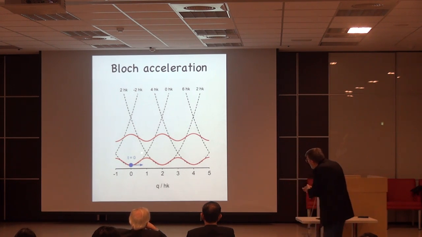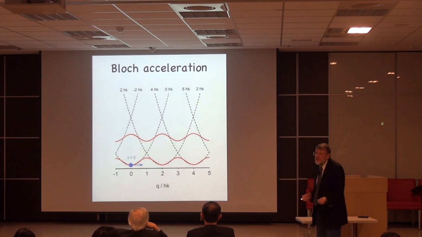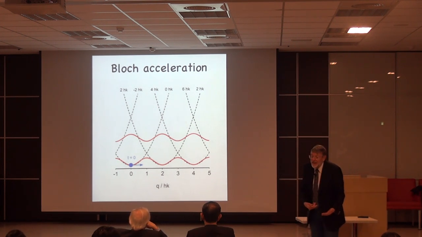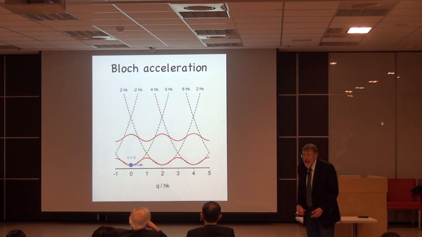On the other hand, if I go over the edge of the Brillouin zone, that means on this side of this crossing, then I'm on this red curve, and when I adiabatically turn things off, I'm on this curve. And this curve is obviously an atom moving in the opposite direction from one here, and now when I transform back into the lab frame, that atom is moving with two photon recoils, which is to say a reciprocal lattice vector.